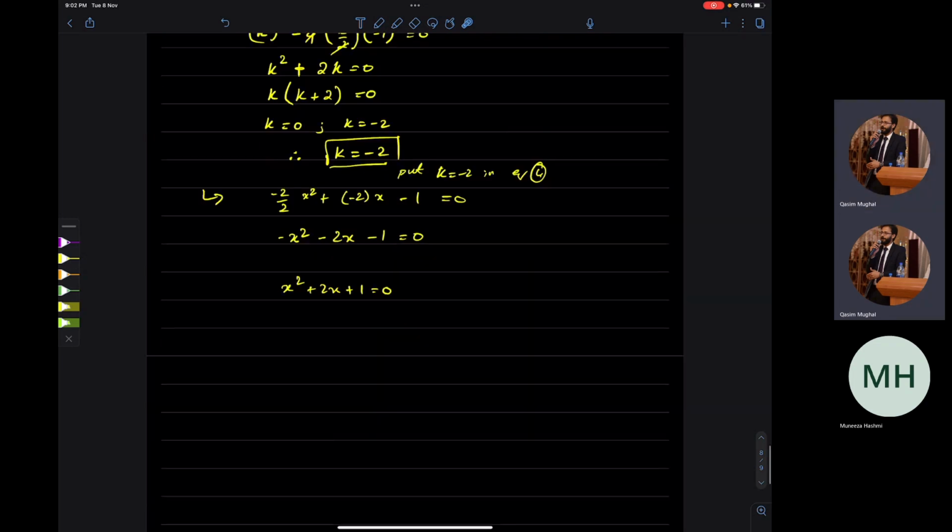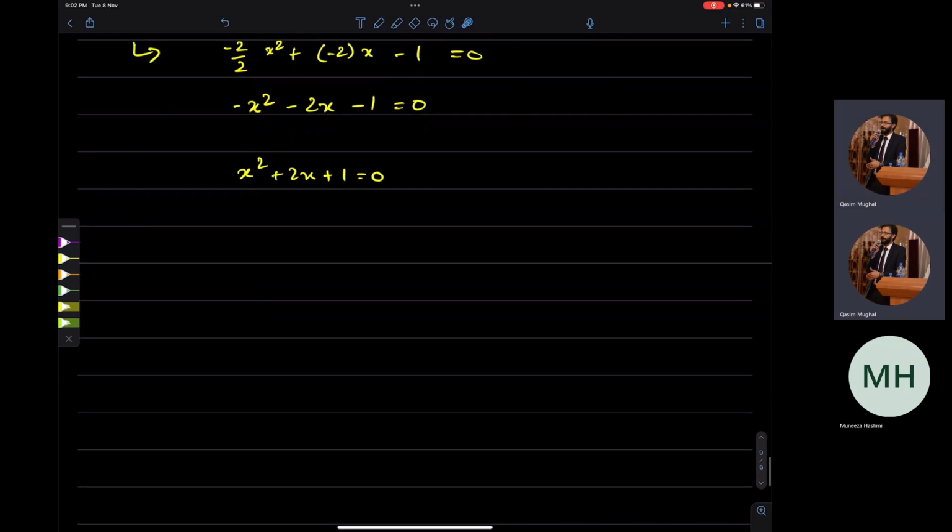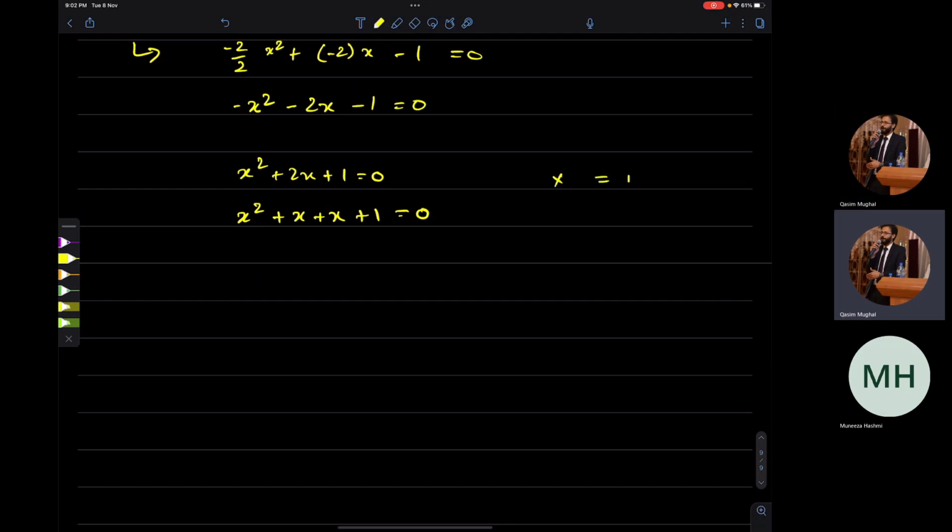Oh yeah, we can actually solve it. Sorry. So that's going to give us x squared plus 2x plus 1 equals 0. The product of the two should give you just plus x squared, and the sum should give you 2x.